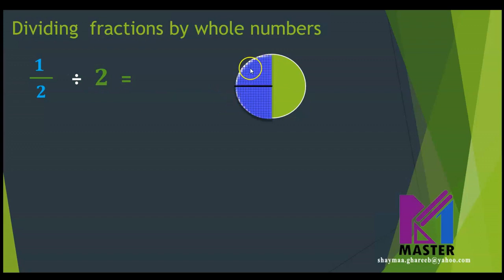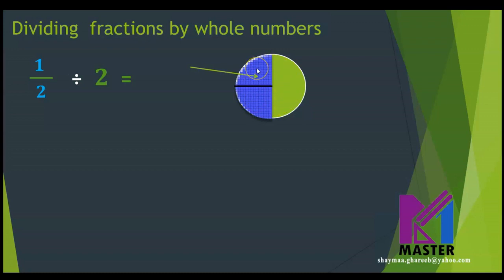So now look at the part. What is the value of this part? What fraction is this part? So how to write this part as a fraction? It's only one part, so it will be 1 over the total number of parts.